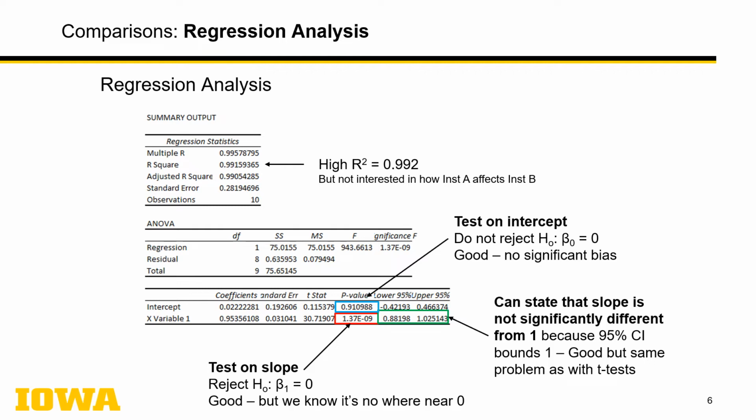You could incorporate both those concepts: the intercept is not significantly different from 0, therefore there's no bias, and you could say that the slope statistically bounds the value of 1, which is the goal of instrument A relative to instrument B typically.